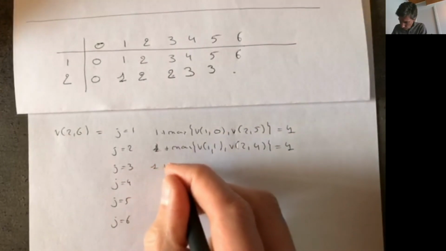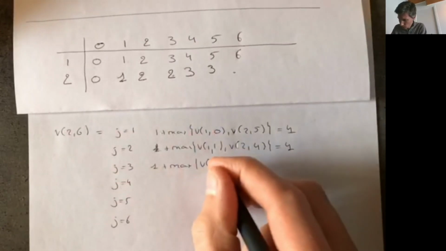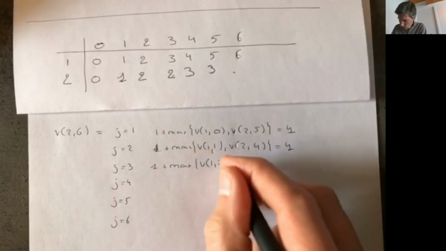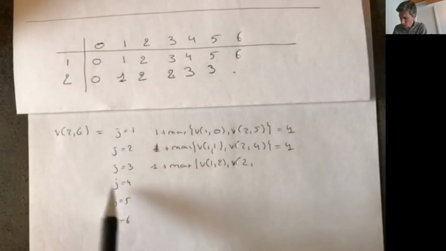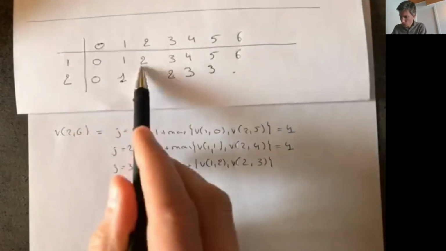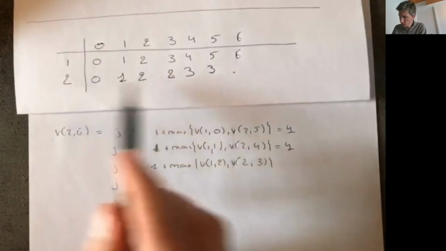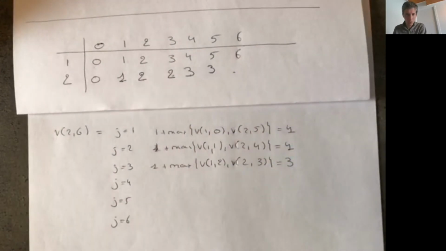Here I have 1 plus the maximum of v1,2 and v2,6 minus 3 is 3. v1,2 is 2, v2,3 is 2, maximum is 2, plus 1 is 3.